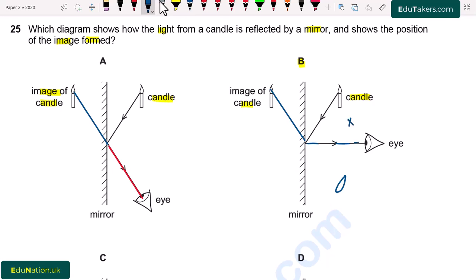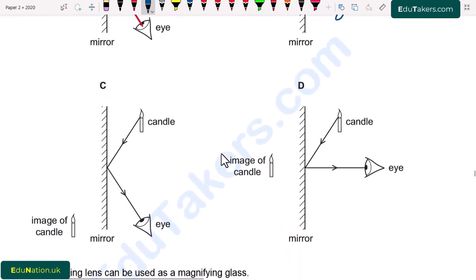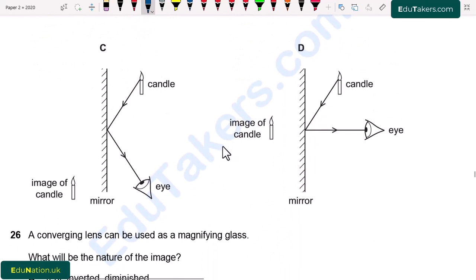So this is incorrect. In the MCQ C, we see here that the object is at this location while the image is formed on the opposite side but below. So it is also incorrect. In the MCQs D, also the image is formed here but the object is placed here. So it is also incorrect.